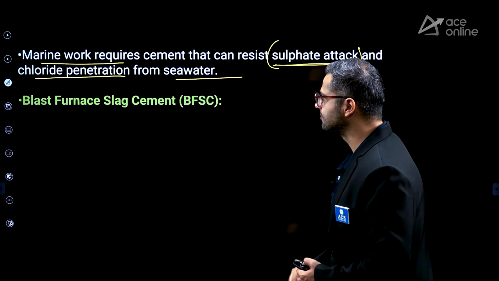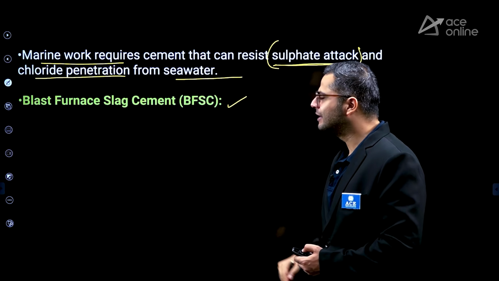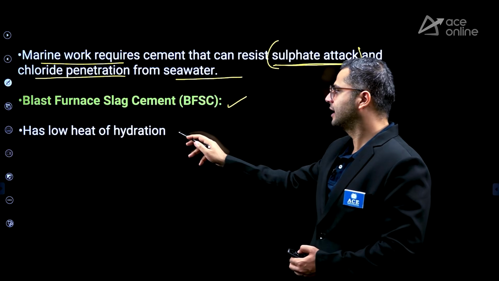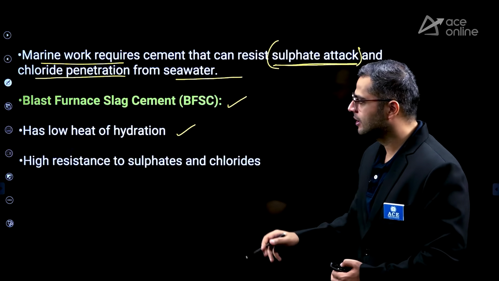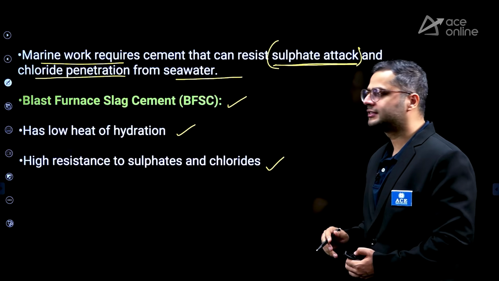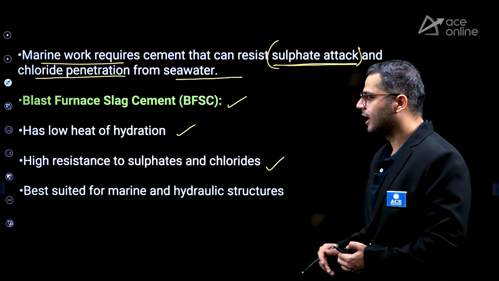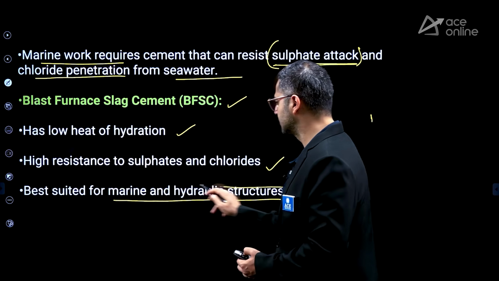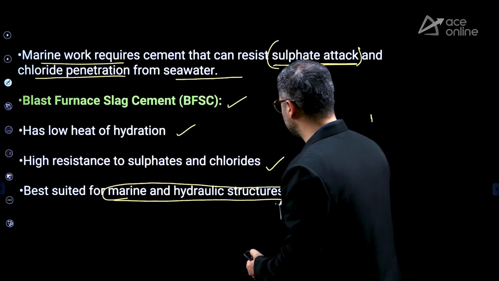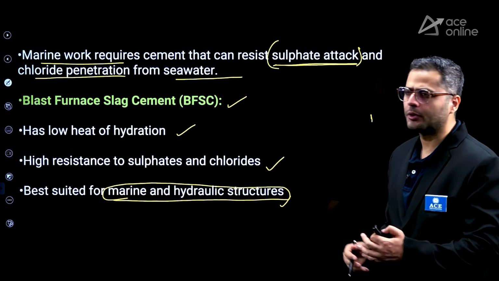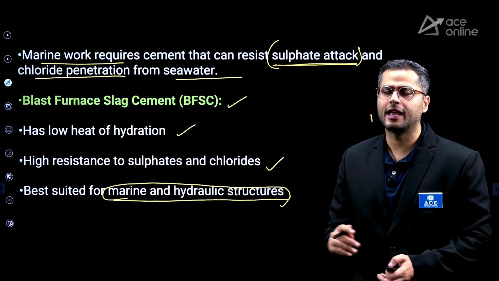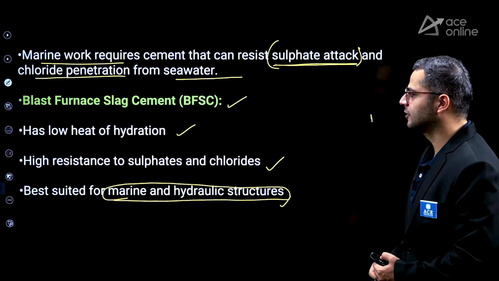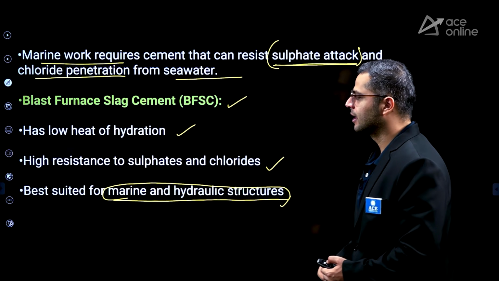So let's briefly see what blast furnace slag cement's properties are. It has low heat of hydration. Also, it has high resistance to sulfates and chlorides, and moreover, it is best suited for marine and hydraulic structures, right? So you can note these points because in some way or the other, these points have been asked in various other competitive examinations as well.